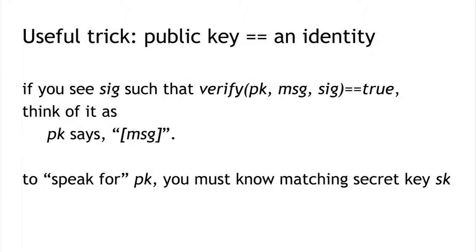You can literally think of a public key as kind of like an actor or a party in a system, and that they can make statements by signing those statements. And so if you think in that mindset, then this public key is like an identity. It's an actor who can do stuff in the system. And if you think about it then, for someone to speak for PK, that is for someone to be able to make statements that will be seen as coming out of PK's mouth, you have to know the matching secret key, SK.